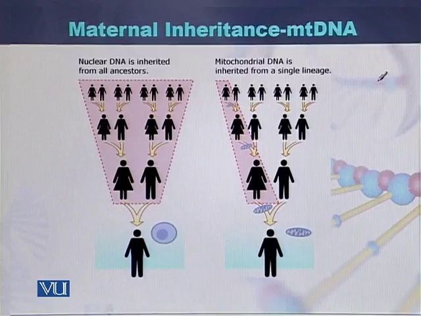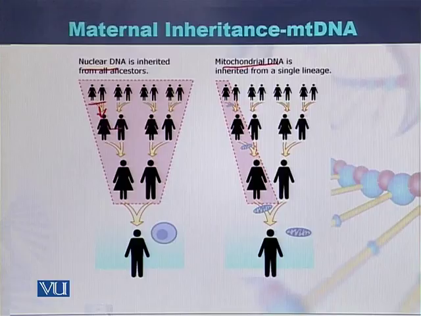If we compare nuclear DNA and mitochondrial DNA, in case of nuclear DNA, all the ancestors transfer their DNA to the individual. Here we can see that this is a cross. This cross has transferred the DNA to this individual.